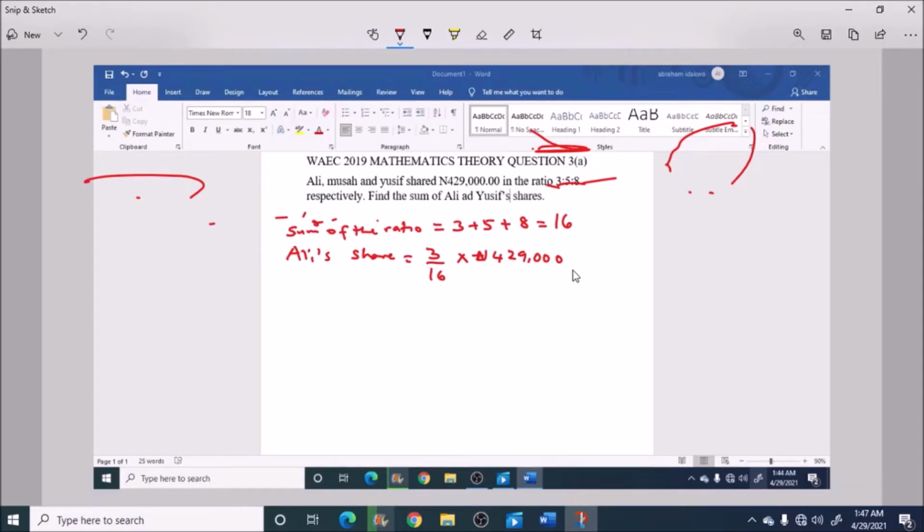And then Yusuf's share will be equal to 8/16 times the total amount, 429,000, and this will give us 210,000.